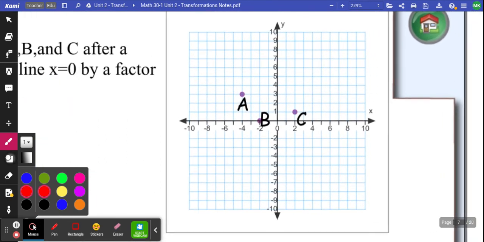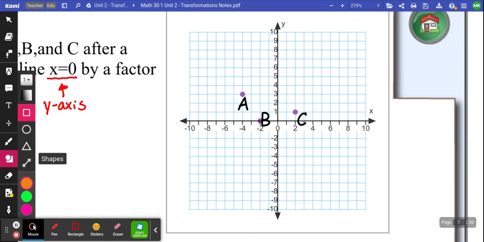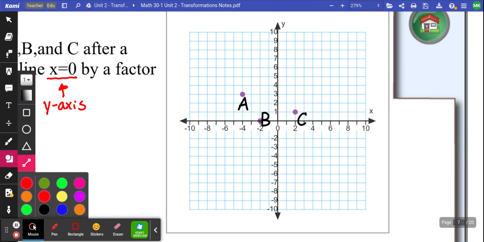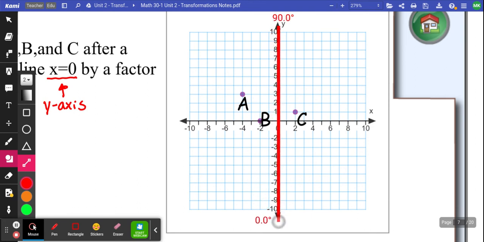Yeah, so if you're stretching away from the y-axis, give me a second here. I'm going to draw. There's my y-axis, agreed? I want to move away from that y-axis, left or right.